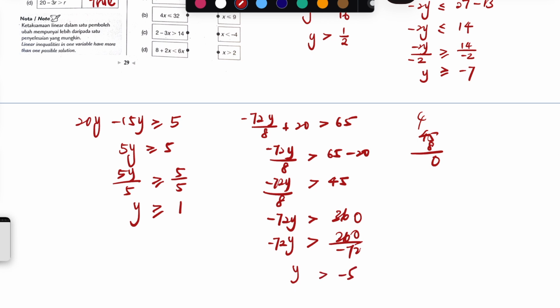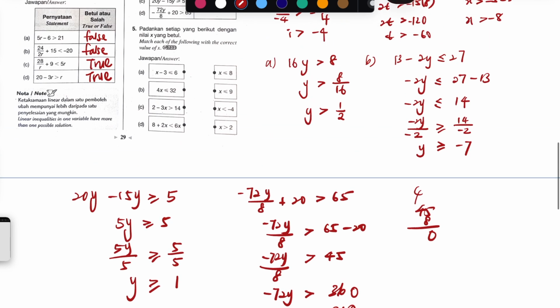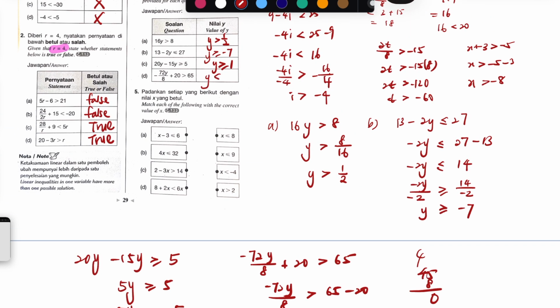Is it correct? No. Why no? Because we forgot to change the sign of inequality, because I divided both sides by negative 72, right? So this will be changed. So as answer, y is less than negative 5.